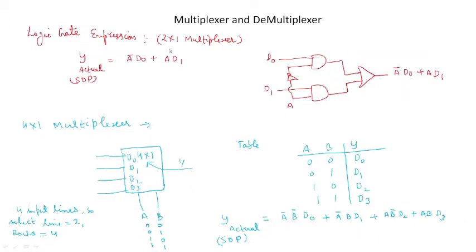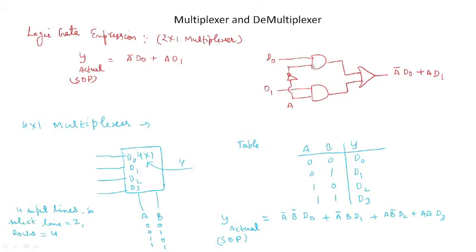Now here you can see the logic gate expression of a 2 by 1 multiplexer. You can write Y actual as A bar D0 plus AD1. So you see here that there will be one AND gate, and for this value there will be one NOT gate, and there will be one AND gate for AD1, and there will be one OR gate for this plus.